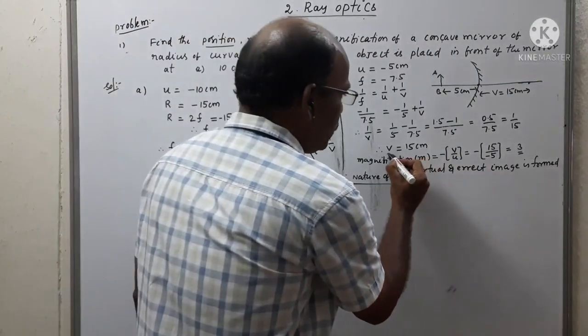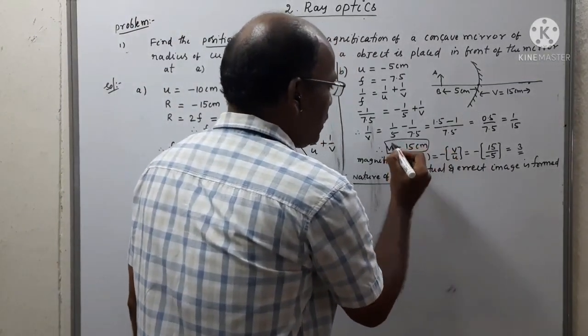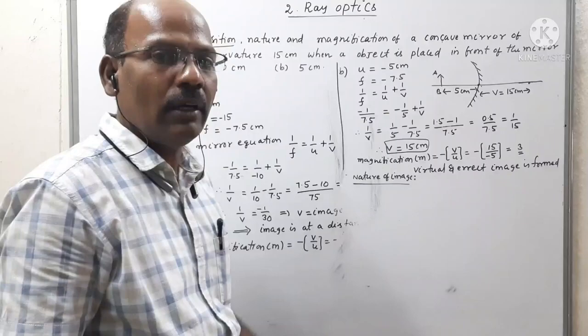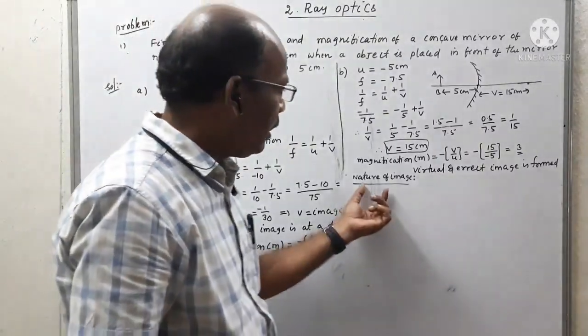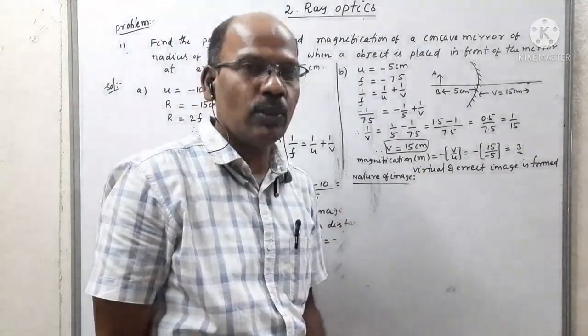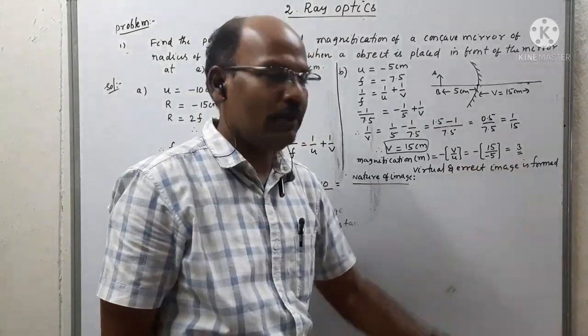So this is the position of the image, which is at 15 centimeters from the pole behind the mirror, and the nature of the image is that it is a virtual and erect image.